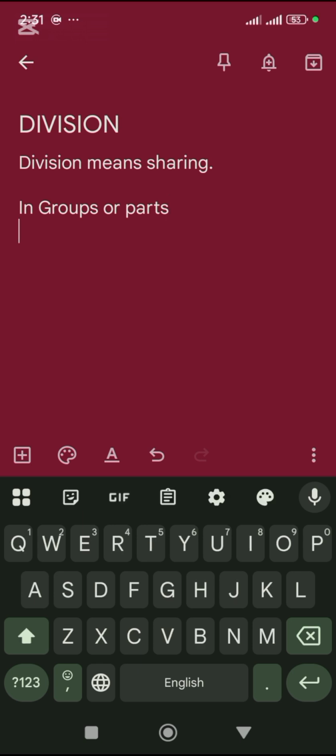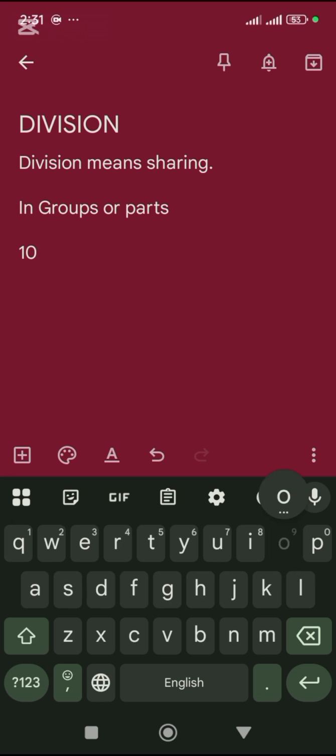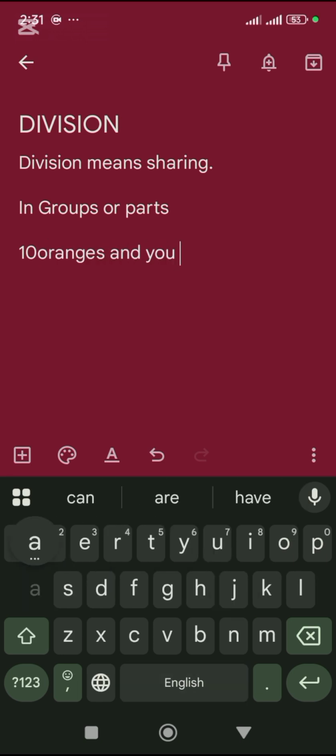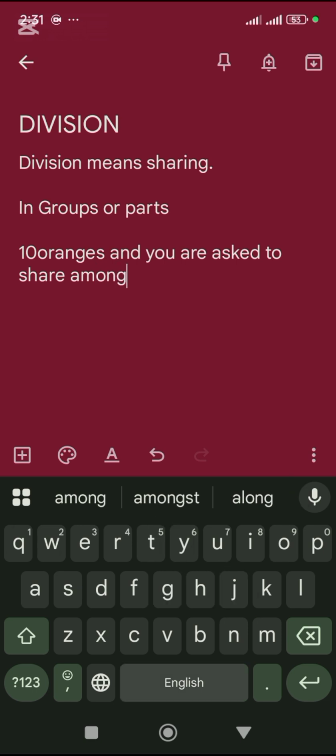Say, for example, you have 10 oranges, and you are asked to share them among 4 kids.